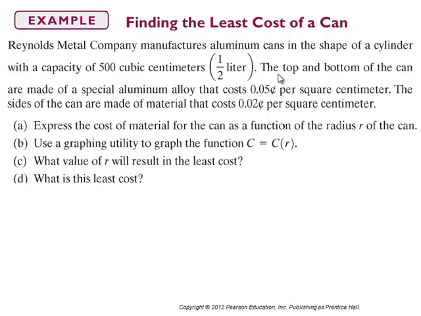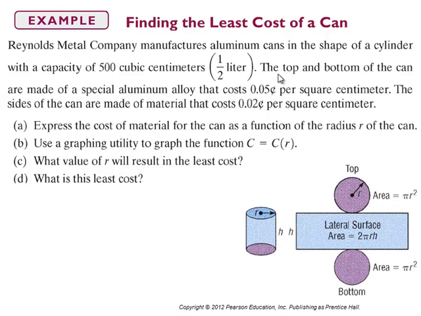Now we know what a can looks like. Let's go ahead and take a look at it. Here's what our can's going to look like. A cylindrical can is going to have a certain radius and a certain height. We're told that the top and the bottom of the can are made of a special aluminum alloy that costs 0.05 cents per square centimeter, and that the sides of the can are made of a material that costs 0.02 cents per square centimeter.